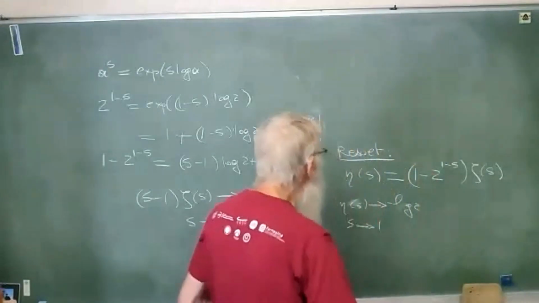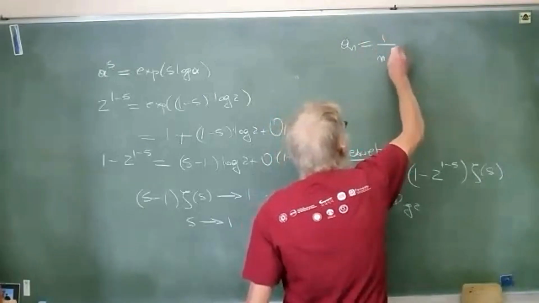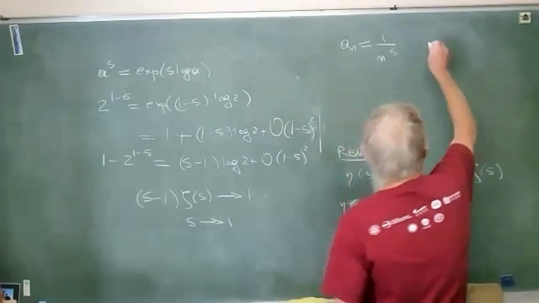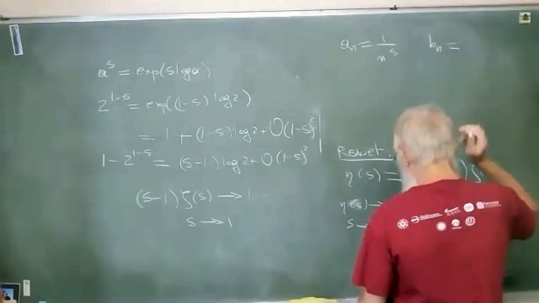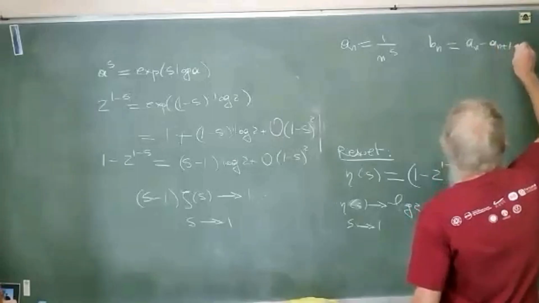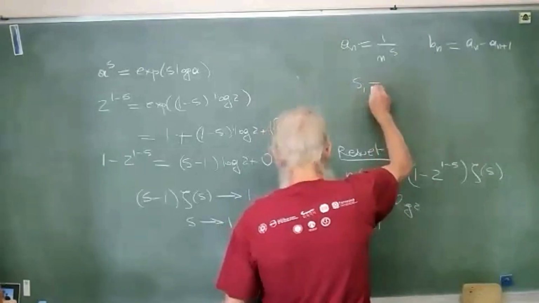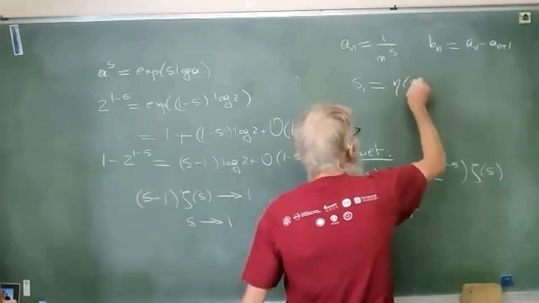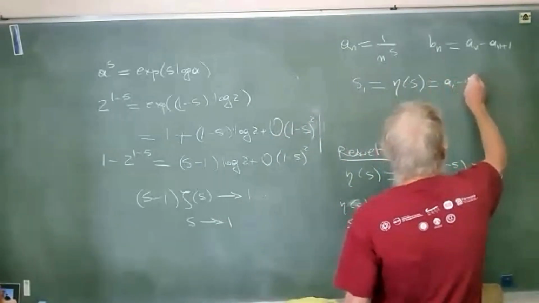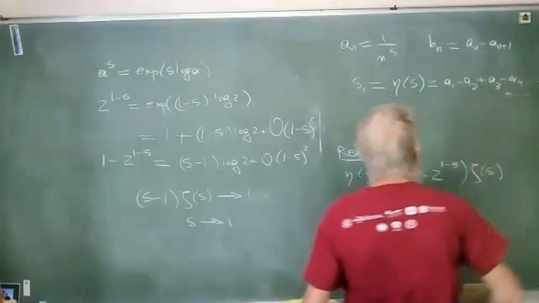We take the sequence An equal to 1 over n to the s, and we take Bn equal to An minus An plus 1. So the first sum, S1, which is eta of s, is A1 minus A2 plus A3 minus A4, and so on.